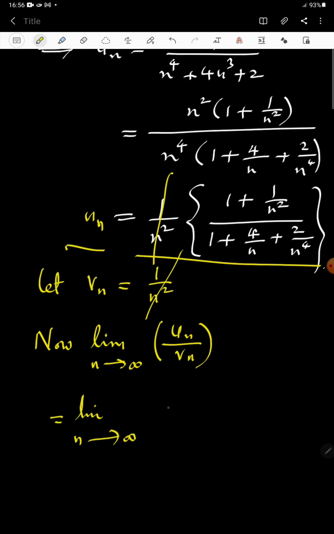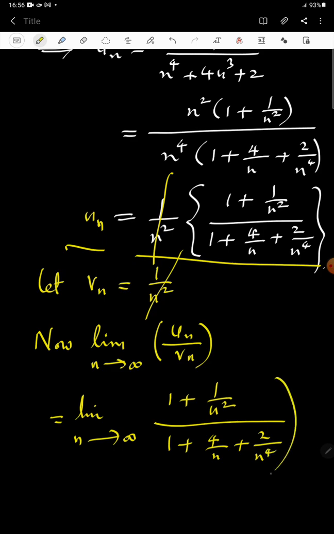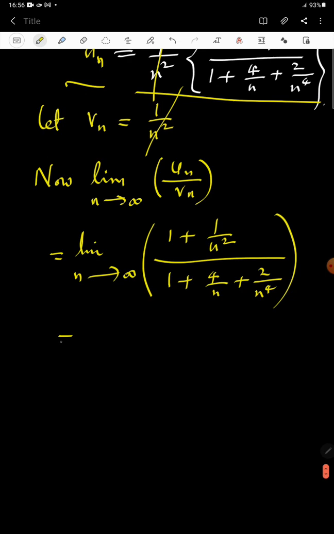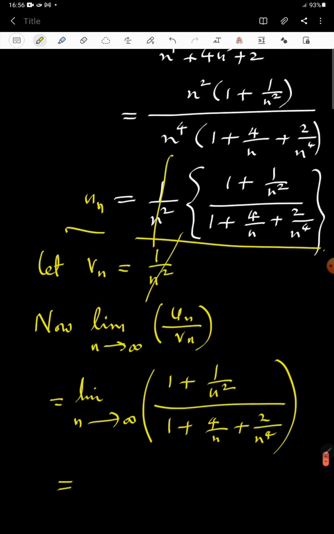I will be left over with only 1 plus 1 by n square divided by 1 plus 4 by n plus 2 by n to the power of 4. This complete, we are finding the limit as n tends to infinity. And you are all clear on that. I will erase this so that you can take the screenshot of this one.